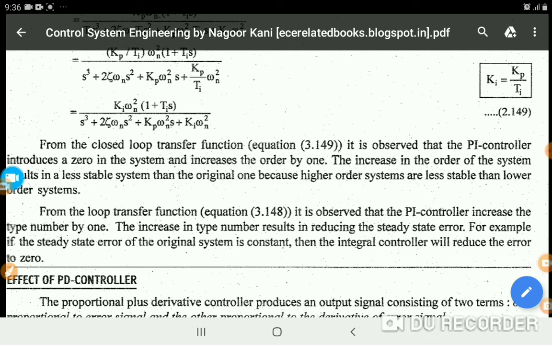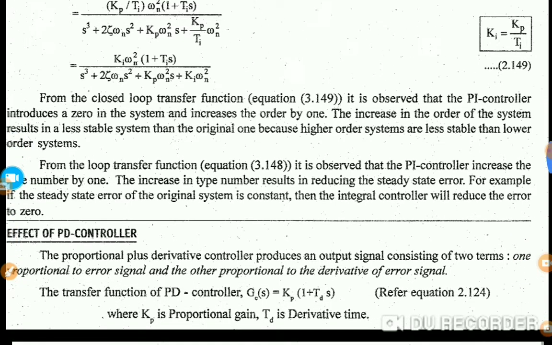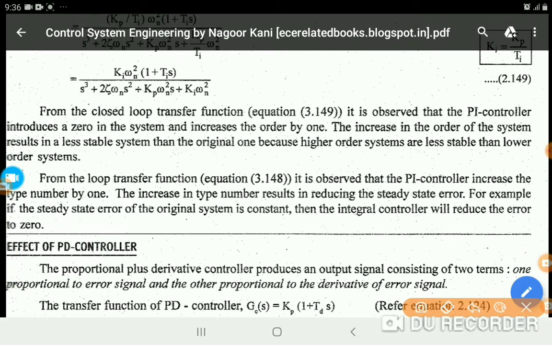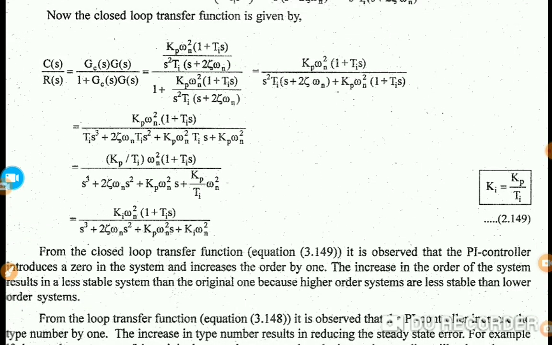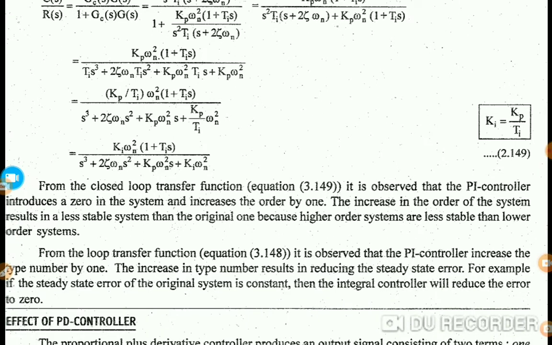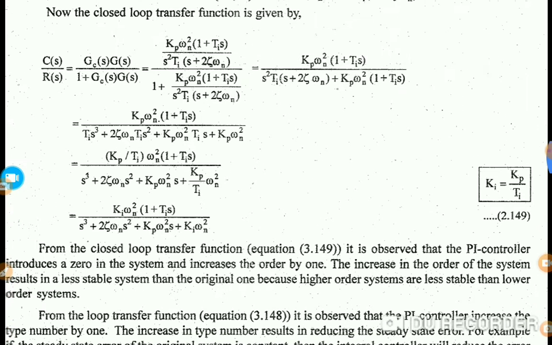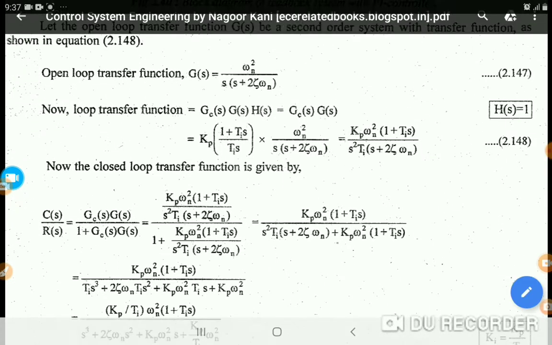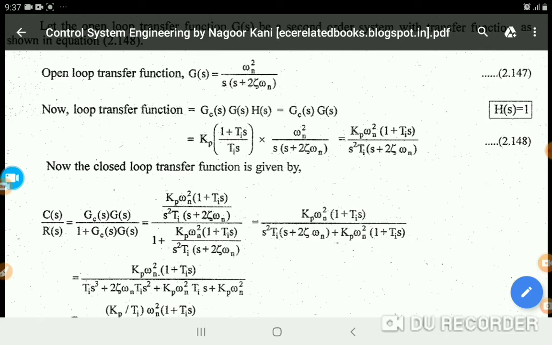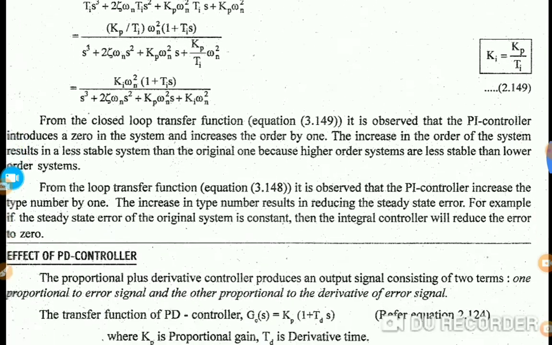Then the second observation. These observations are made from expression number 3.19 that we discussed last. Then as per expression number 2.149, then 2.148, what can we observe from this expression 2.148?